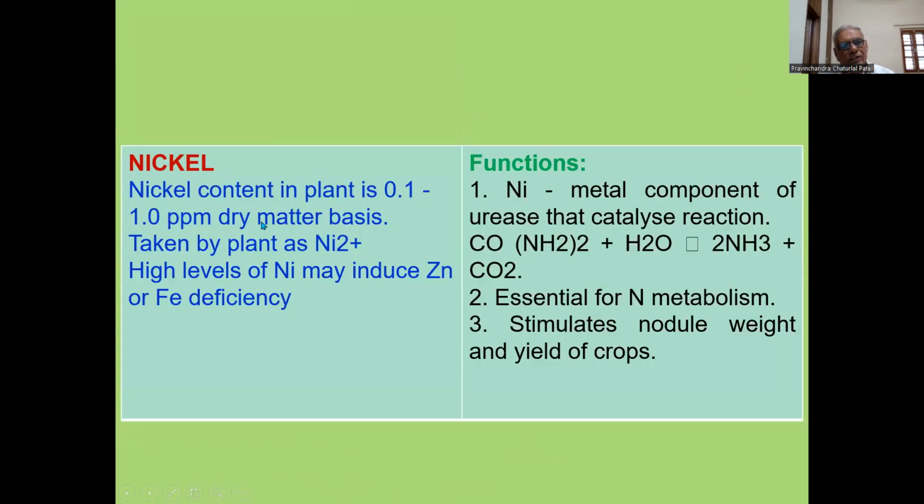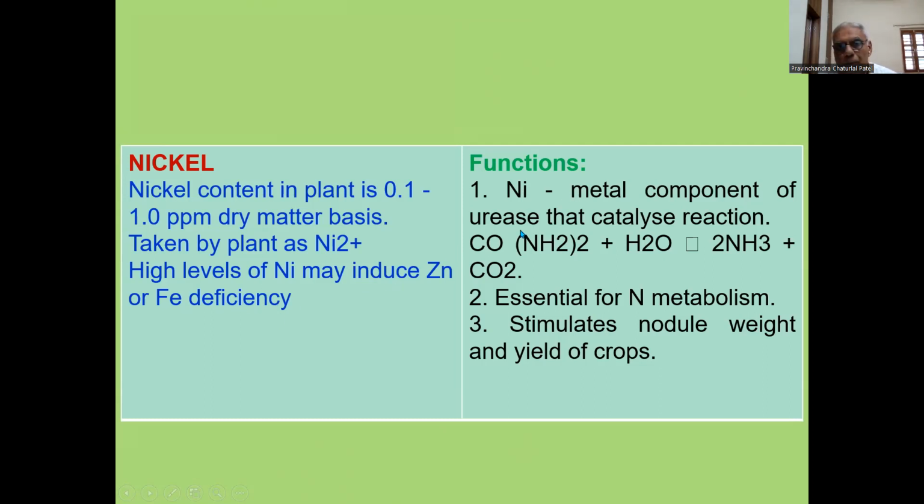Then the last one is nickel. Nickel content in plant is 0.1 to 1 ppm on a dry matter basis, taken up by the plant as Ni2+. A high level of nickel may induce zinc and iron deficiency. So nickel has an antagonistic effect with zinc and iron: when there is a high level of nickel, there will be deficiency of zinc and iron.